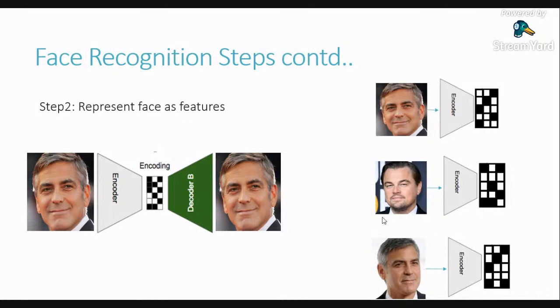For example, this first face and the third face look similar, and their encodings also look similar. We will be using a pre-trained encoder model to compute the encodings, so that we don't have to worry about training an encoder, and we get access to a highly accurate encoder.